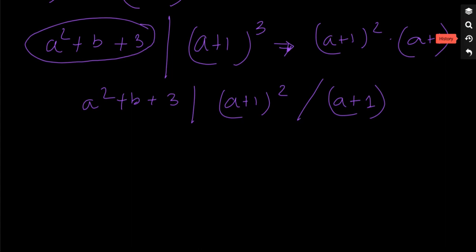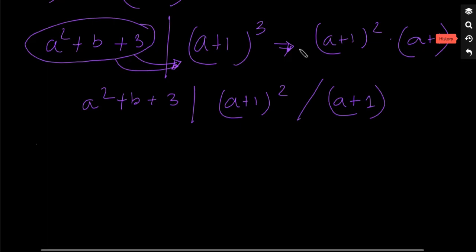So that means that either a square plus b plus 3 divides (a+1) whole square, or a+1. These are the two cases, and I'm just going to work with these two cases right now.